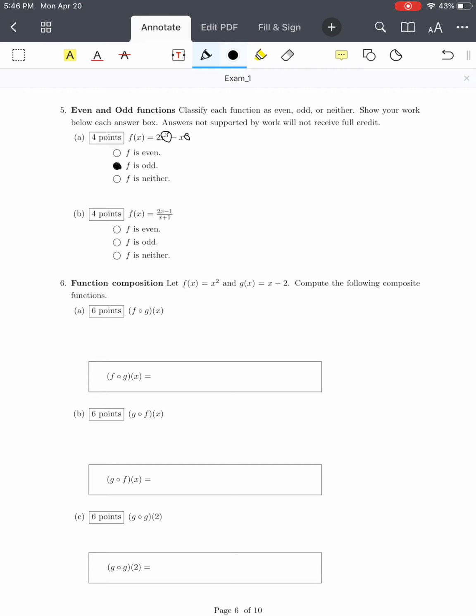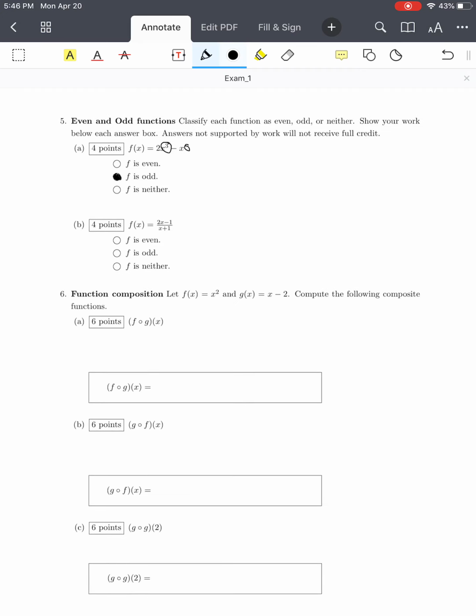The other way you check is it's odd if f of -x equals -f of x, and even if f of -x equals f of x, and neither if neither of these two things happen.